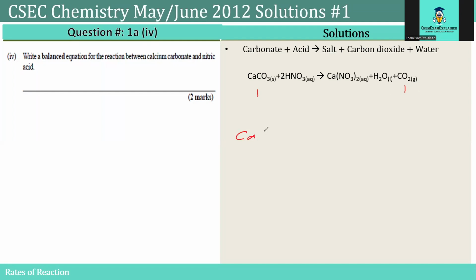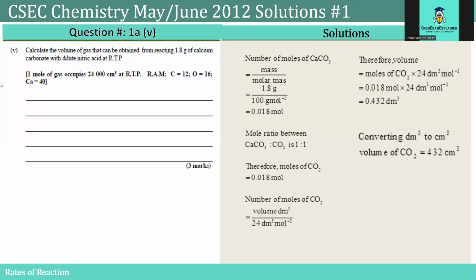Whatever the moles of calcium carbonate is, that is equal to the moles of carbon dioxide, since the mole ratio is 1:1. So we can now make the statement that the moles of carbon dioxide is also 0.018 moles.